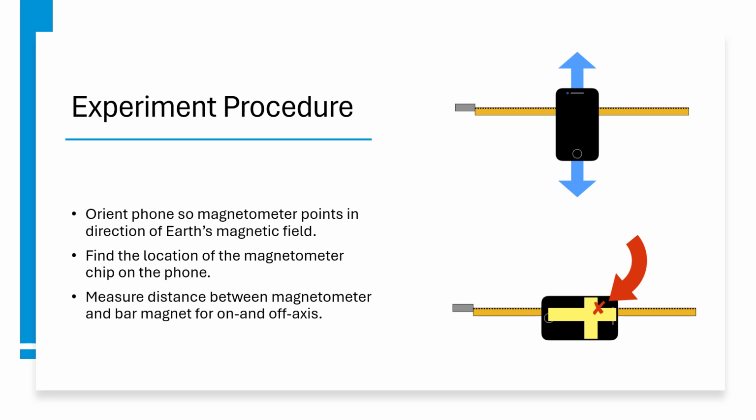To find the location of the magnetometer chip in the phone, we first moved it up and down to find where it was on the y-axis, and then we put a tape on there. Then we turned the phone sideways and moved it horizontally to find where the magnetometer chip was in the x direction, and we put another piece of tape there. Where the tapes intersected was where we determined the magnetometer chip to be.